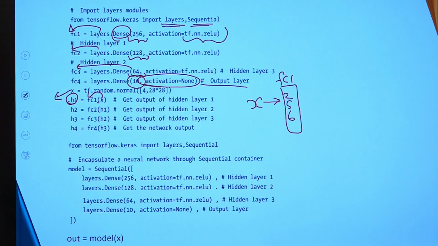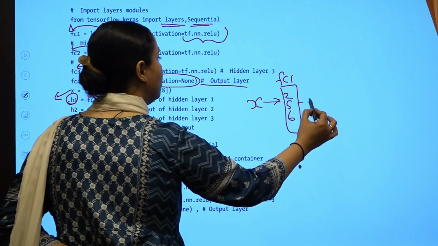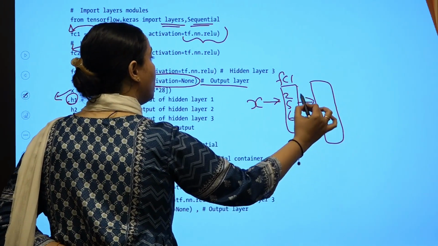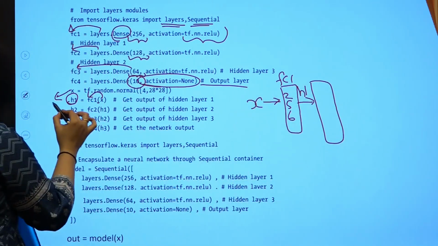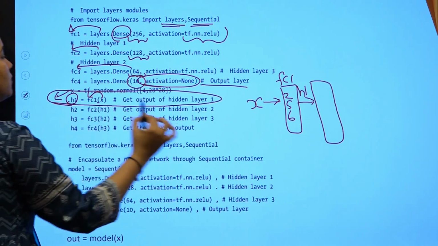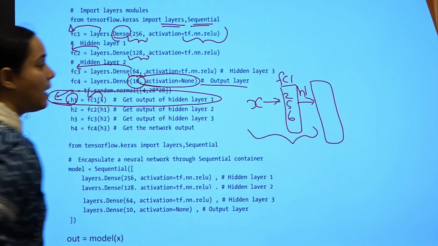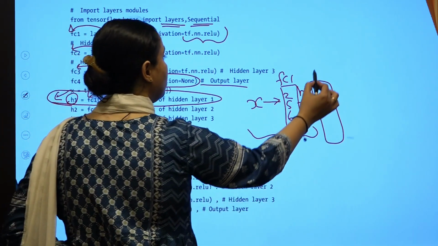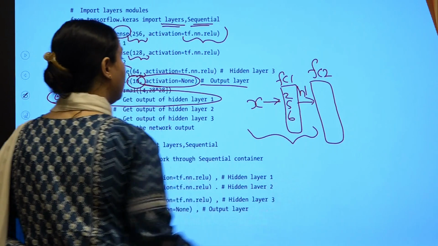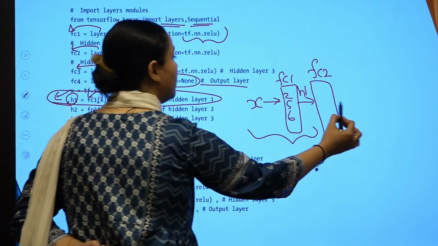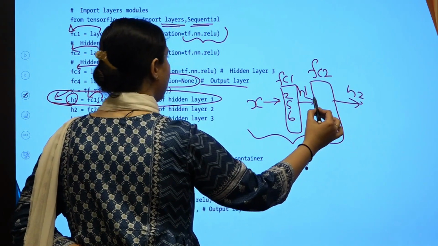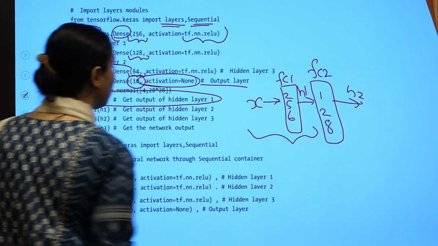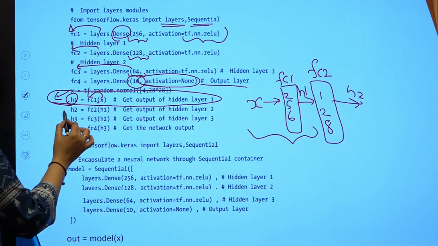The output of it is given to the next layer, and I am calling that output H1. Using this, you have created this particular part. Am I clear? Right. Then you take H1 and give it as input to fully connected 2, and you get output H2. For this I have taken 128 nodes. So this is what you have done here.